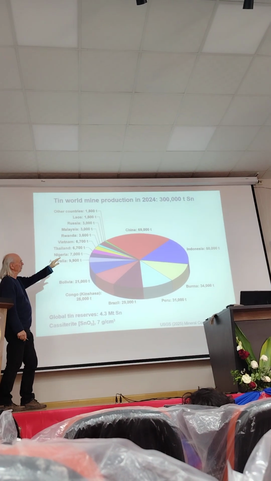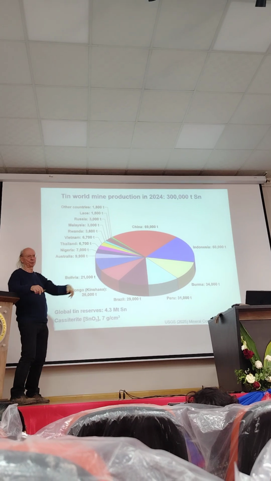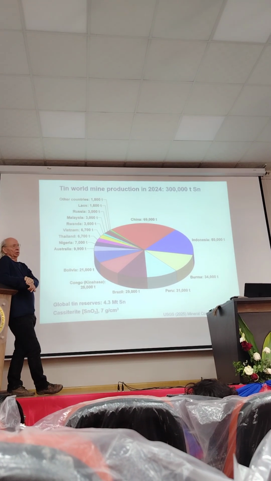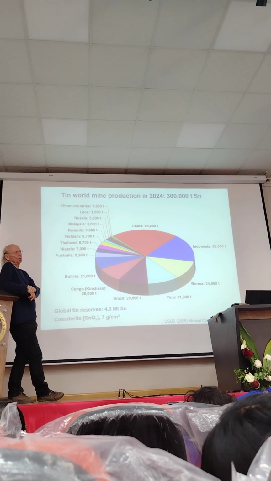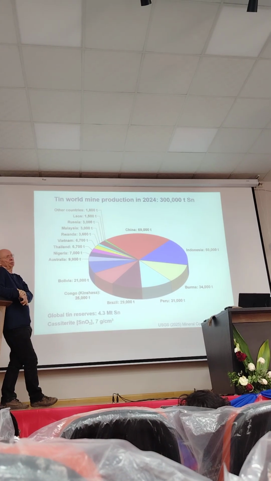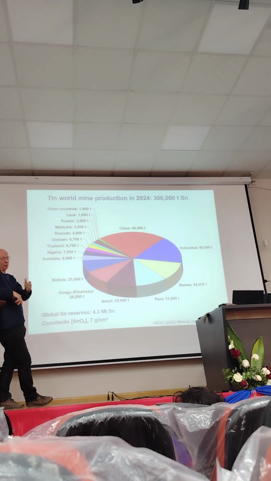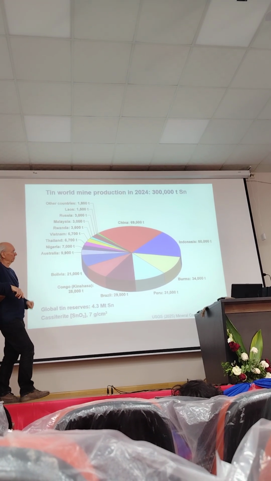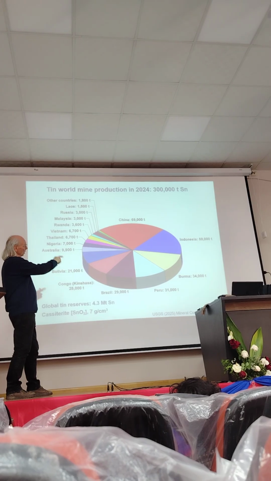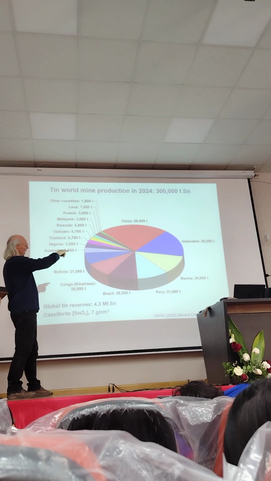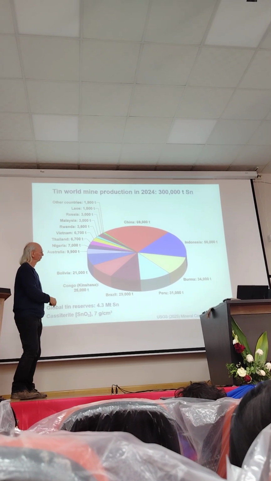Doesn't matter, but you should know the main countries: China. We have many hard rock tin deposits, usually low grade, but in China any miner works at relatively low grade. Indonesia and Myanmar, Burma, and Peru.